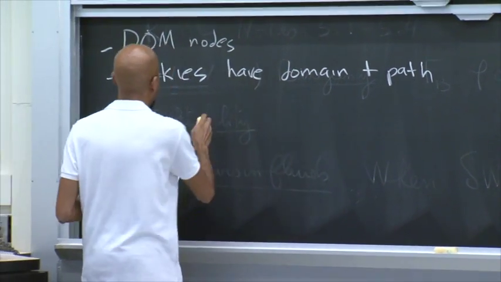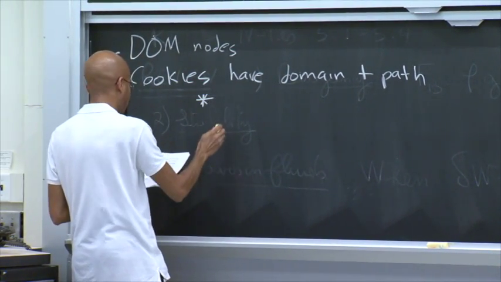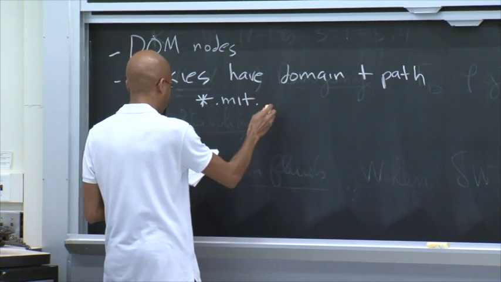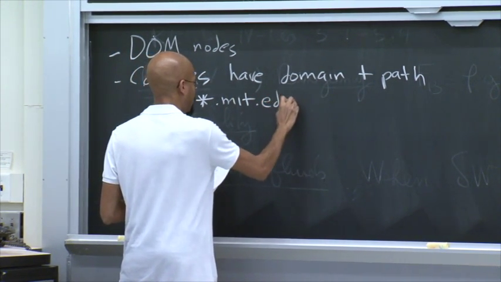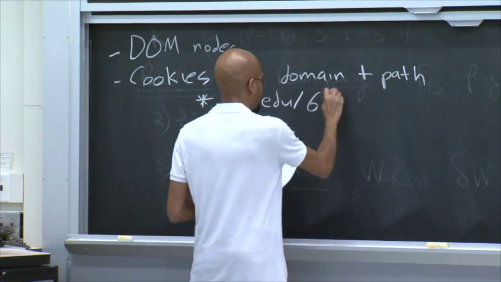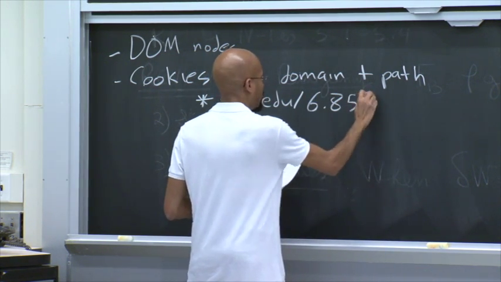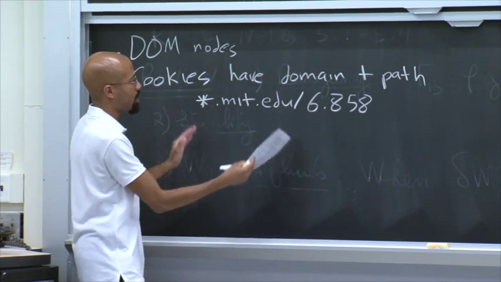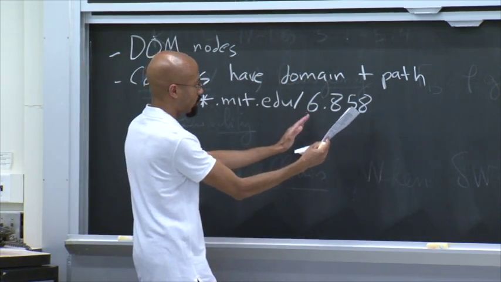For example, you can imagine a cookie might be associated with the following information: *.mit.edu and then 6.858. So you've got this domain thing sitting here, and then you've got this path thing sitting over here.